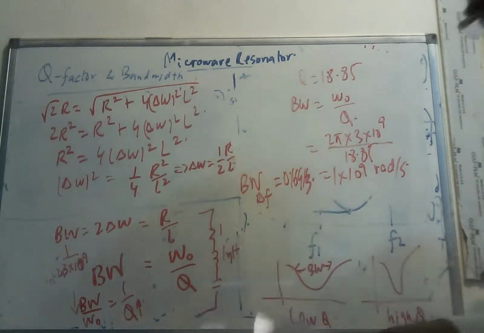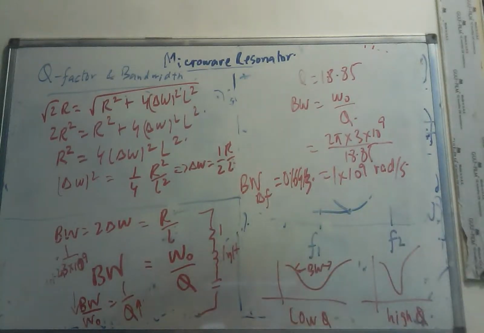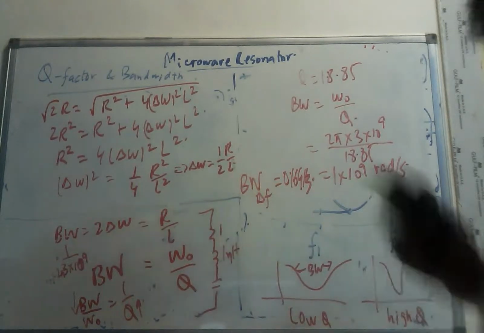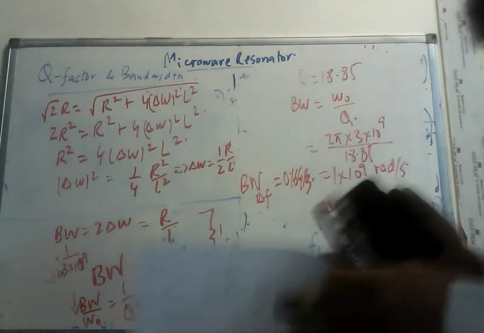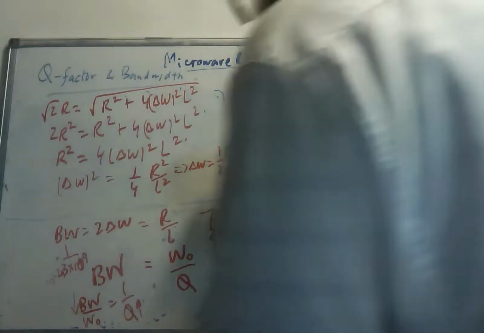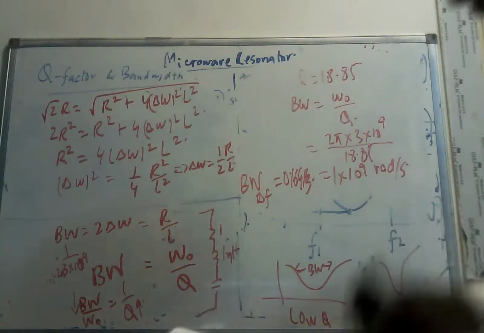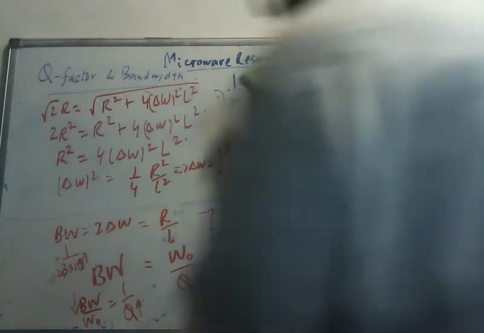All right. So now the last topic in this lecture. As we always do with the filters, whenever we discuss a circuit, we also discuss the transmission line equivalent. So luckily for the resonators, we have a very nice equivalence of transmission line.